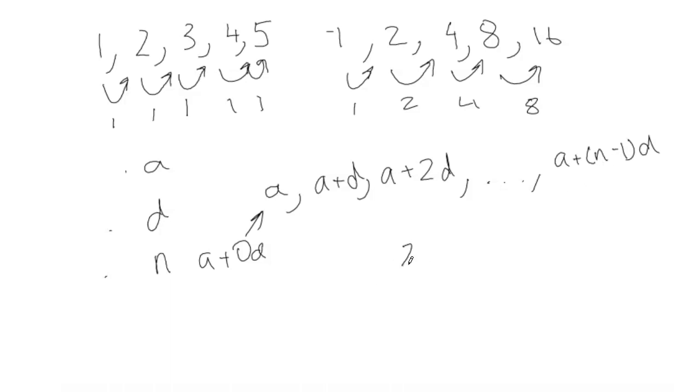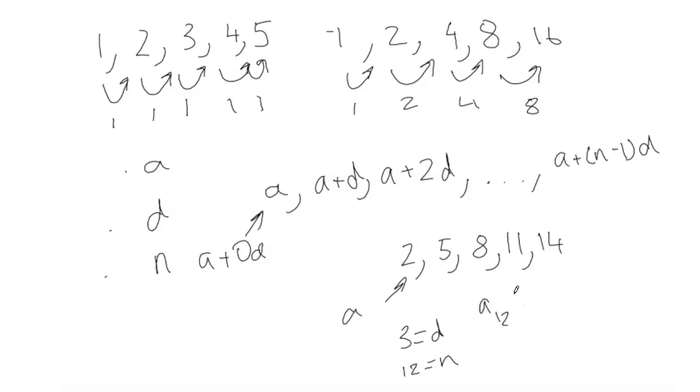For example, if I told you 2, 5, 8, 11, and 14 was an arithmetic series, and I wanted you to tell me the 12th number, you know that 2 is A, 3 equals D, and 12 equals N. So A sub 12, or the 12th number, equals A plus (N minus 1)D, or 2 plus 3 times 11. So 2 plus 3 times 11 is 2 plus 33. 2 plus 33 is 35.